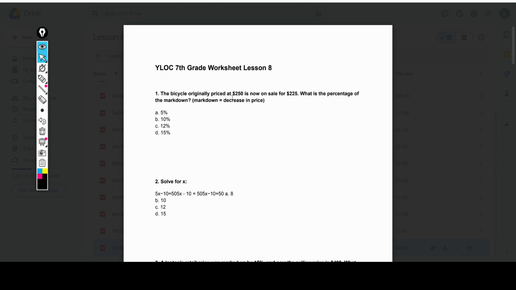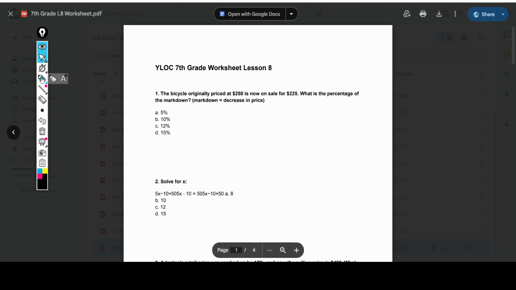For our first problem, we have a bicycle priced at $250 and it's now $225. So what is the percentage markdown? In this case, we want to find how much it decreased in price. Well, 250 minus 225 gives us $25.